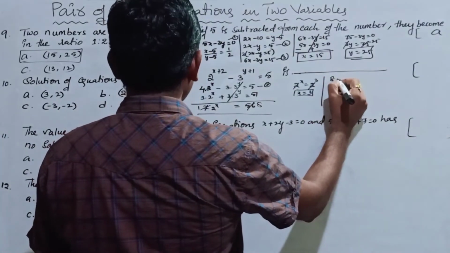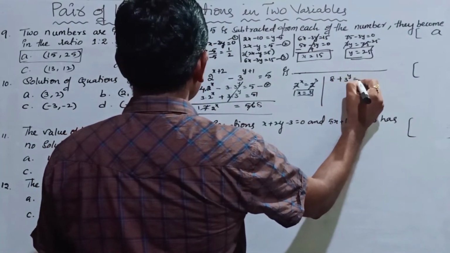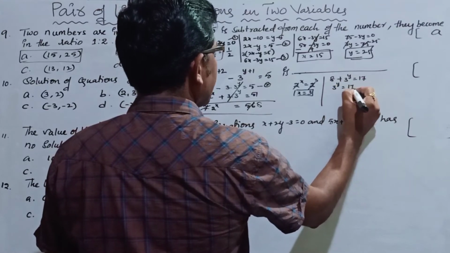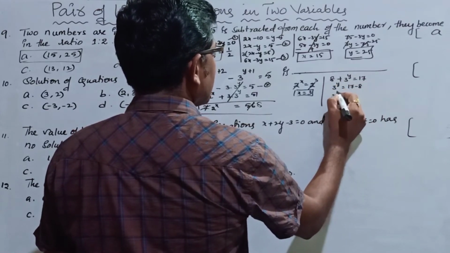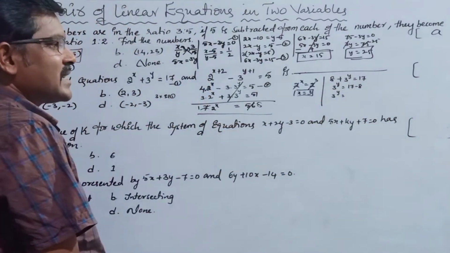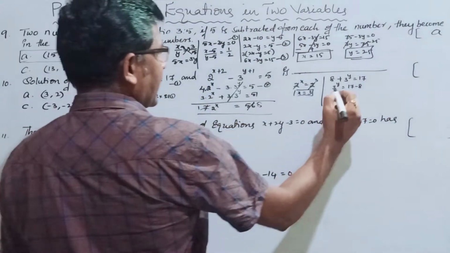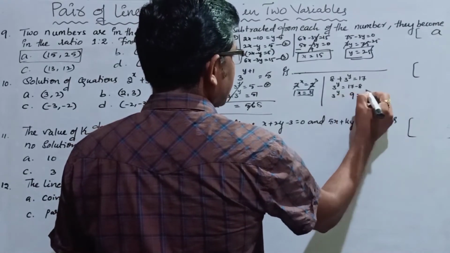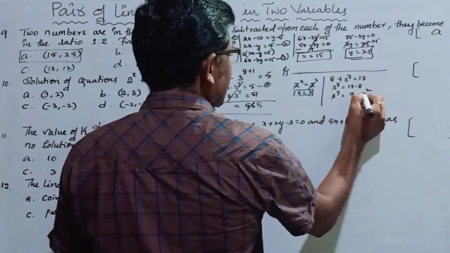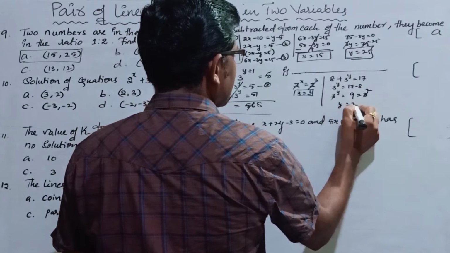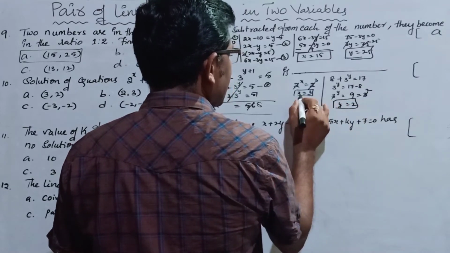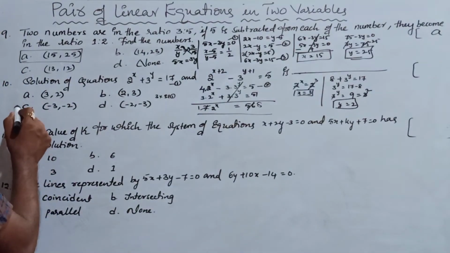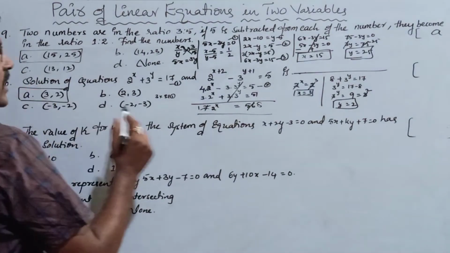So 8 plus 3 to the power of y is equal to 17. 3 to the power of y is equal to 17 minus 8, 9. So that means it is equal to 9, in terms of 3, 3 square, 3 gets cancelled, y is equal to 2. So the answer is x is equal to 3, y is equal to 2. So option A is the right answer.